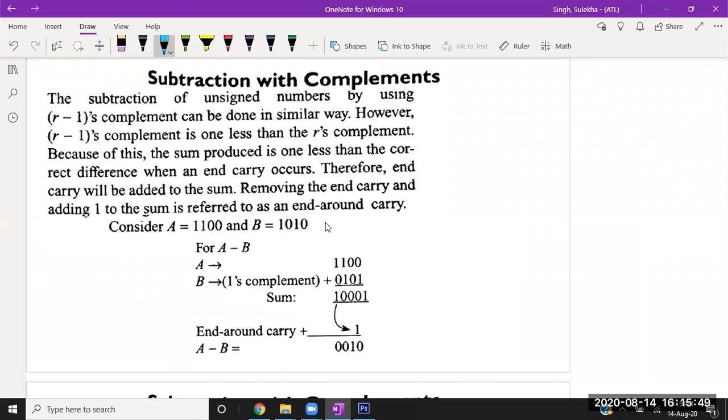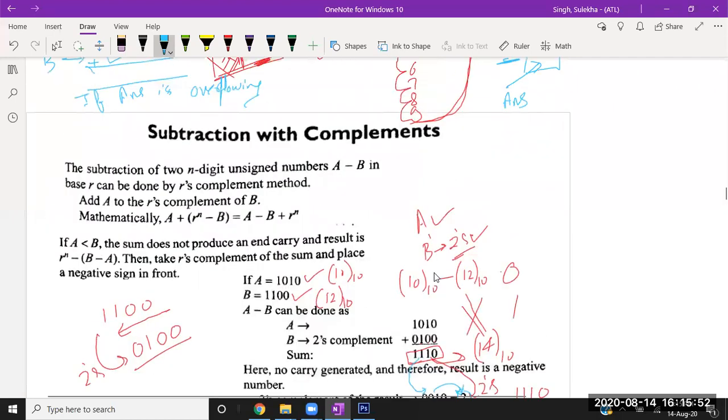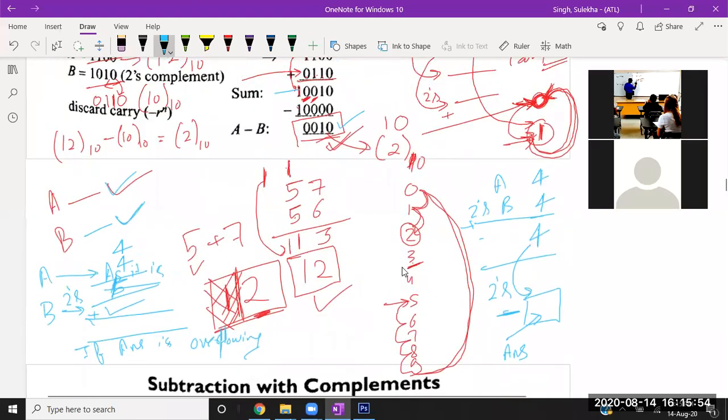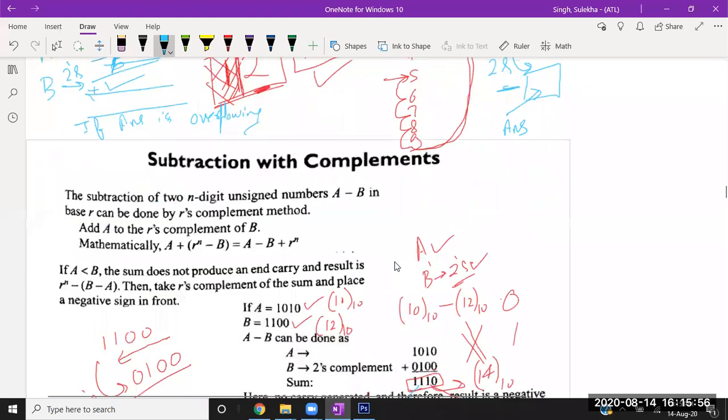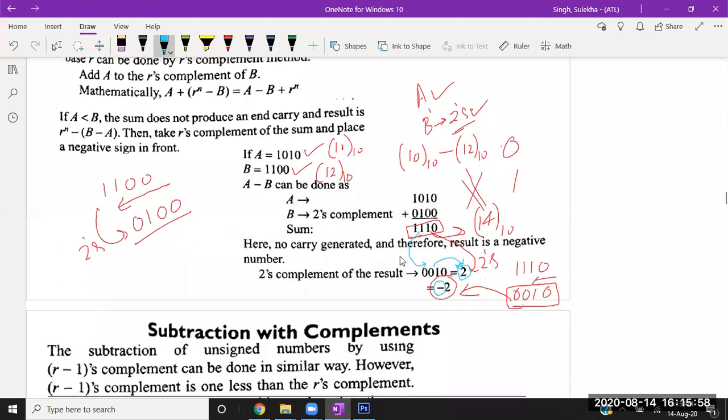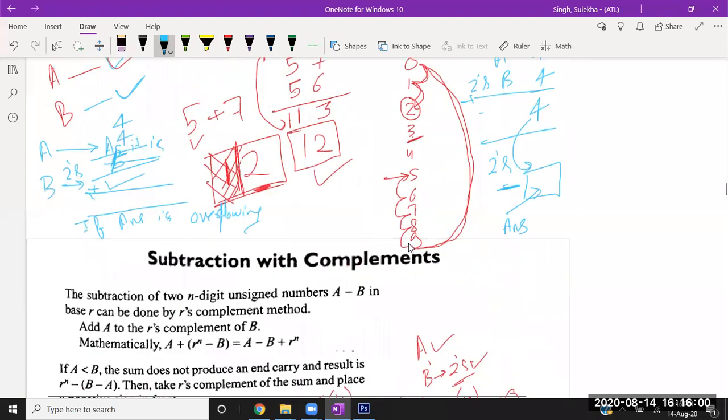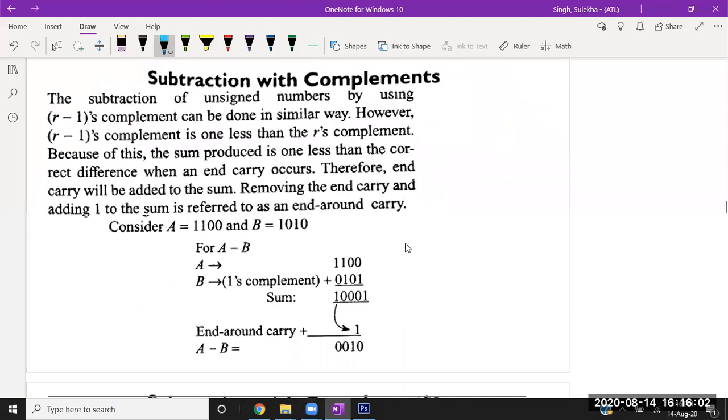Okay then. The method which we have discussed is basically the two's complement subtraction method. Another method by which we can do the coding is the one's complement subtraction method. The difference between the two's complement and one's complement subtraction methods is somewhat the difference of one between twos and ones.